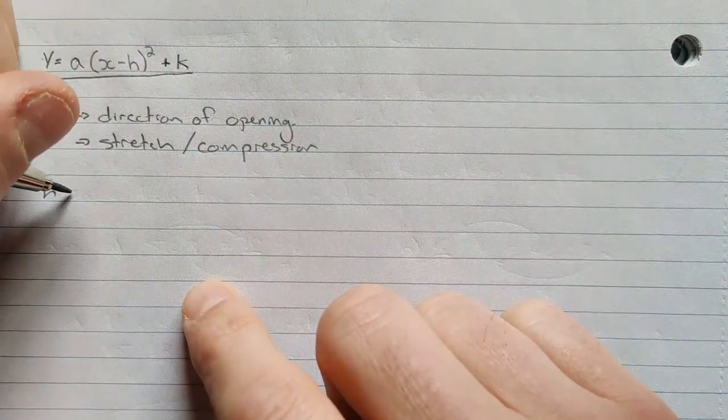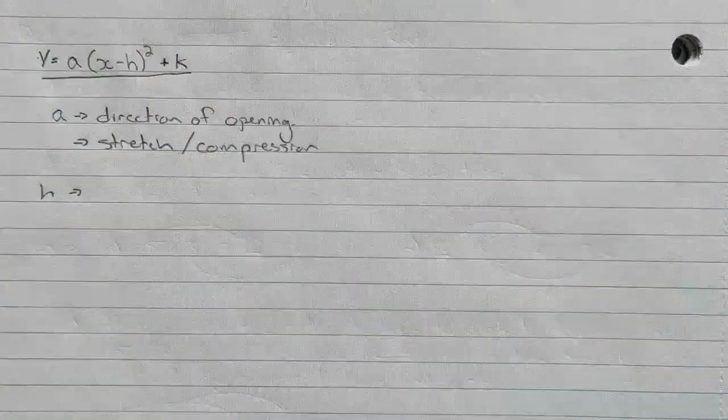The h, remembering that it's negative h in the brackets there, so it flips back and forth, left and right. The negative sign in the brackets means that it does the opposite. So negative numbers move to the right, positive numbers move to the left. That is the left right shift.